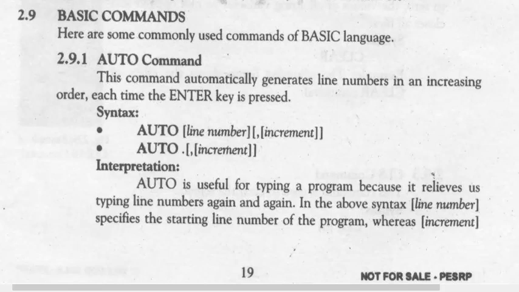Syntax: AUTO, line number, comma, increment. You can also write AUTO increment. What is line number and what is increment? This we are going to study in this interpretation. AUTO is useful for typing a program because it saves us from typing line numbers again and again.